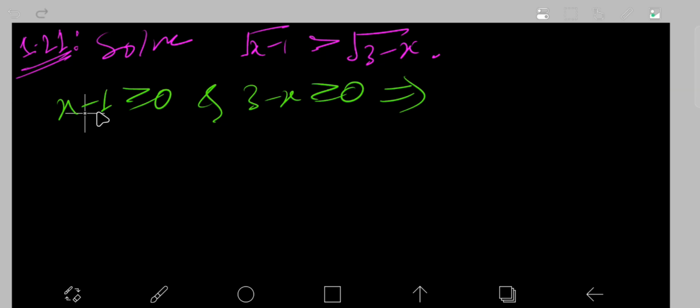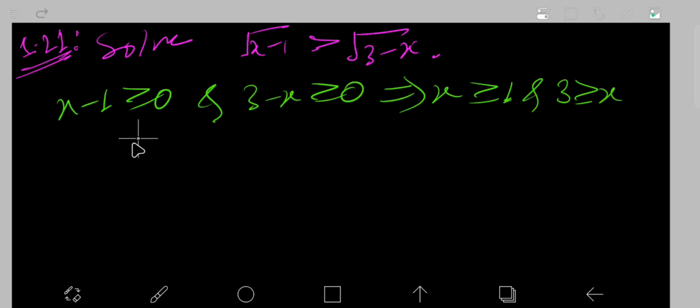So we get x is greater than or equal to 1, and for the other we get x less than or equal to 3.